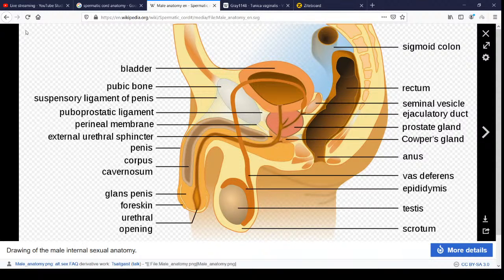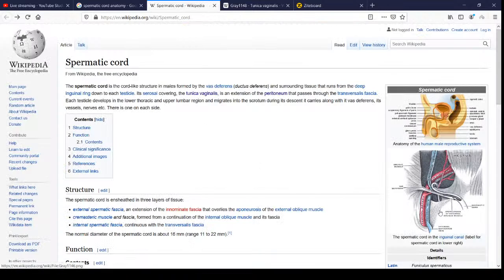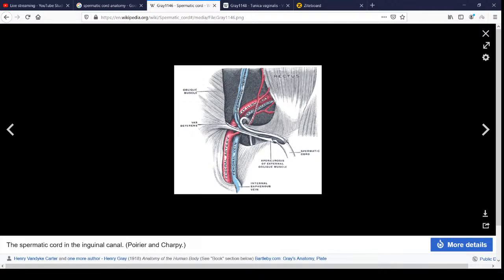So I don't think this one has the spermatic cord. Yeah, this one is better. This one I was talking about. This is the spermatic cord, which penetrates into the pelvic cavity. You can see this one is penetrating through the pelvic cavity.